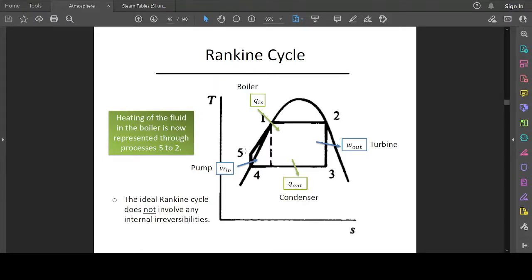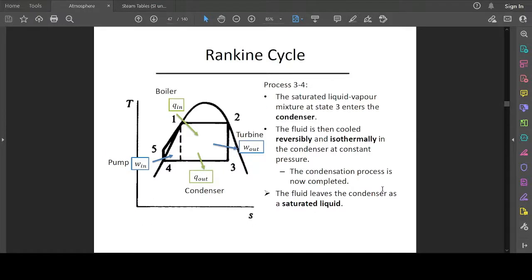So the heating of the fluid in the boiler is now represented from 5 to 2. The ideal Rankine cycle does not involve any internal irreversibilities. So this means that the saturated liquid-vapor mixture at stage 3 enters the condenser.